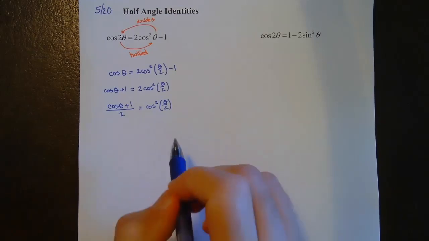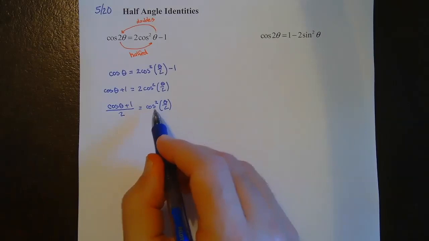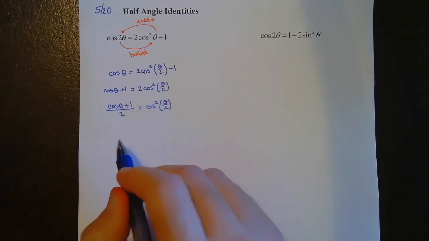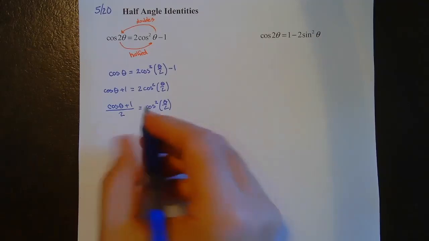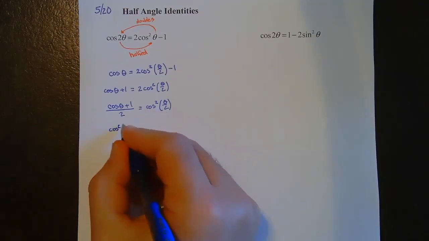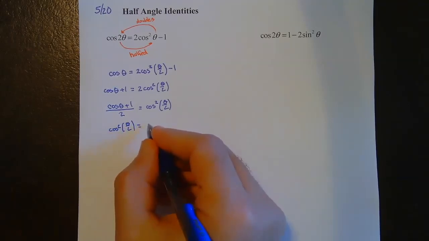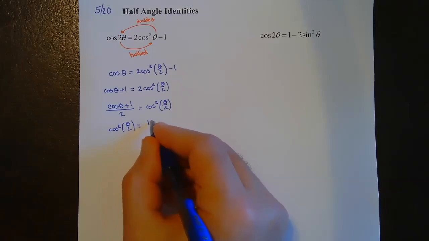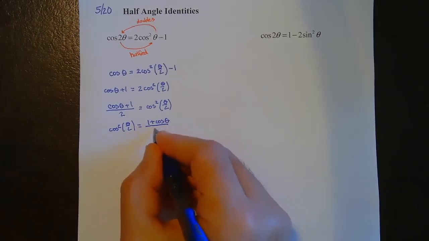Now, I'm going to skip this part. Whenever we square root a perfect square, we get absolute value. But we always get plus or minus, so I'm going to jump right to that. Actually, I'm going to put this one on the left-hand side. So cosine squared of theta over 2 is equal to, and I'm going to write this as, 1 plus cosine of theta over 2.